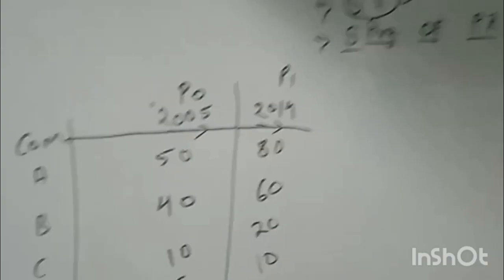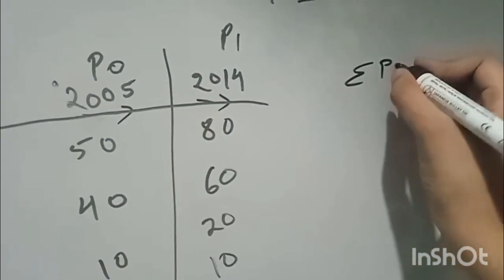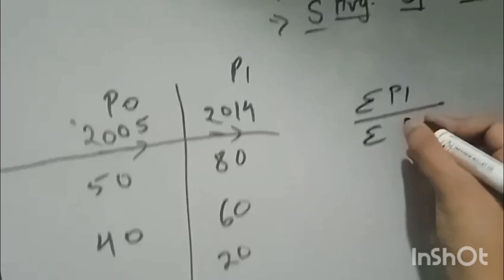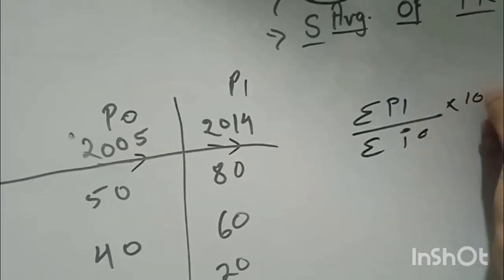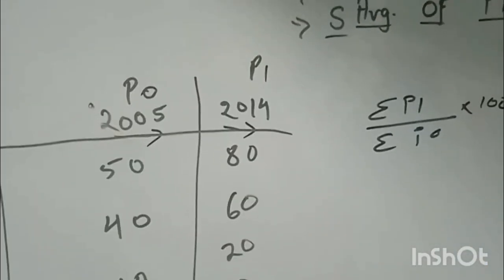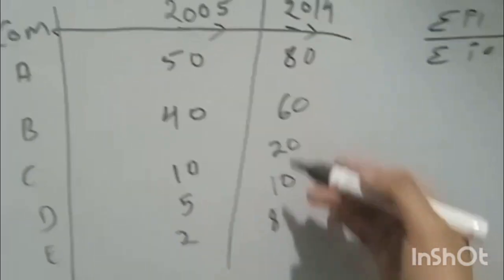Now, what does this method say? It says sigma p1 upon sigma p0 into 100 will give you your index number. What is sigma p1 here?